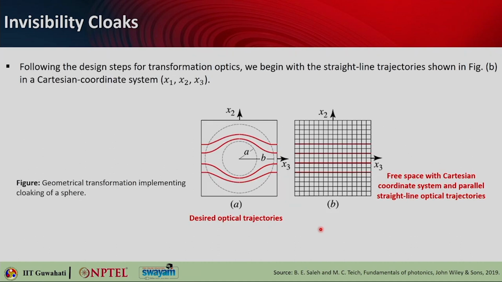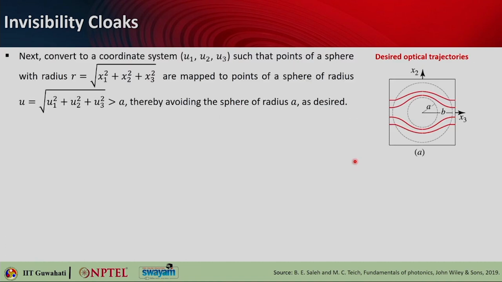So again, how do you design this kind of a system? You can start with a free space Cartesian coordinate system which has all parallel straight line kind of optical trajectories. And then you have to bring in the coordinate transformation.